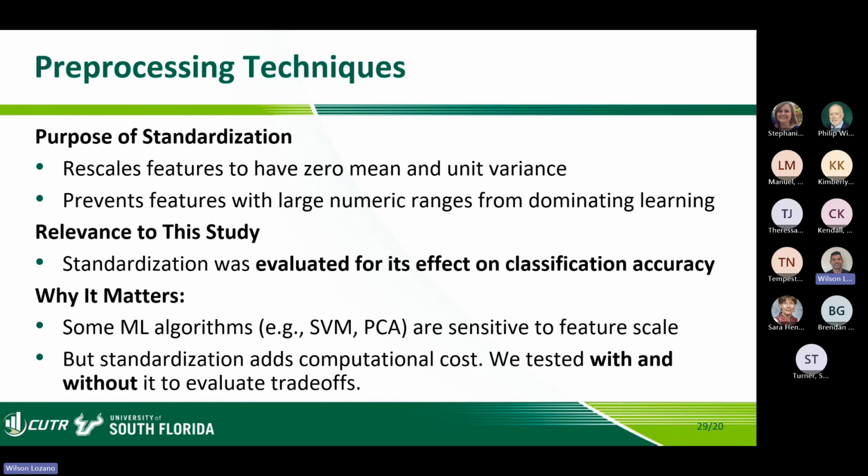It's relevant to this study because standardization was evaluated for its effects on classification accuracy. It matters because, as I said before, some machine learning algorithms are sensitive to feature scale. But standardization also adds computational cost, so we need to evaluate whether it's worth keeping or not.